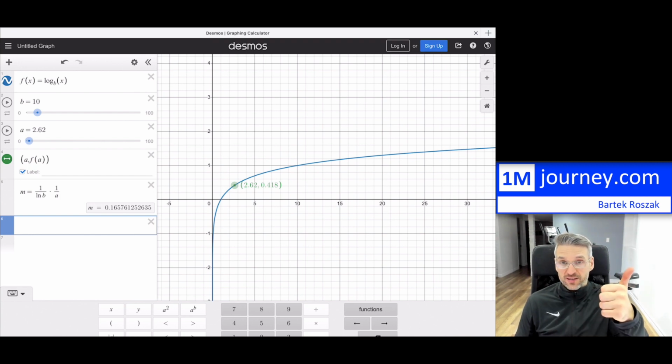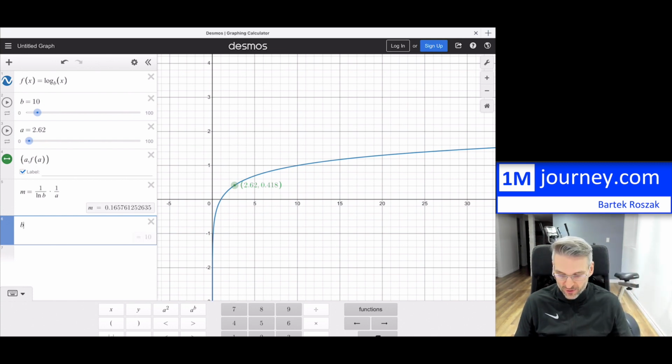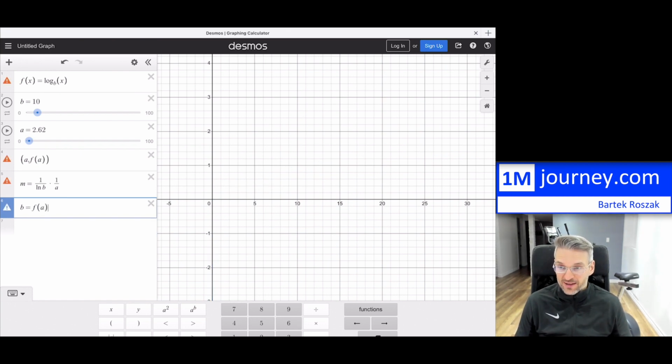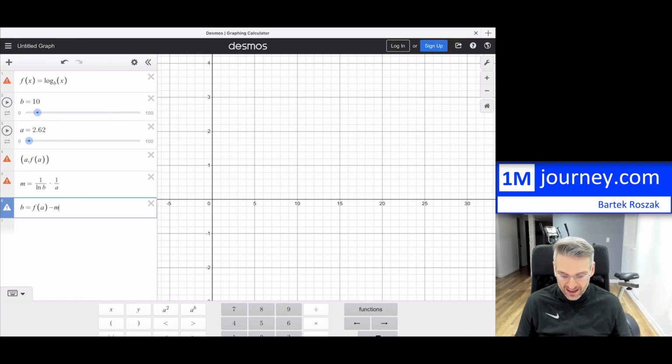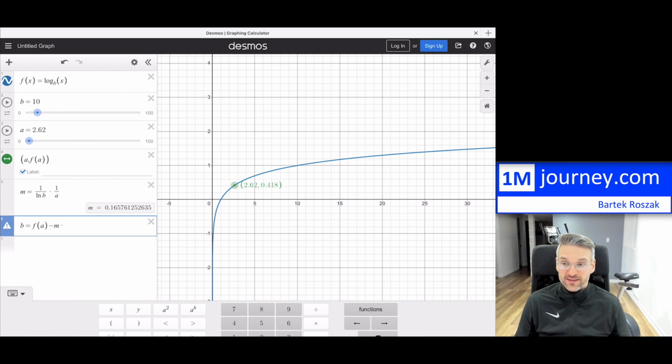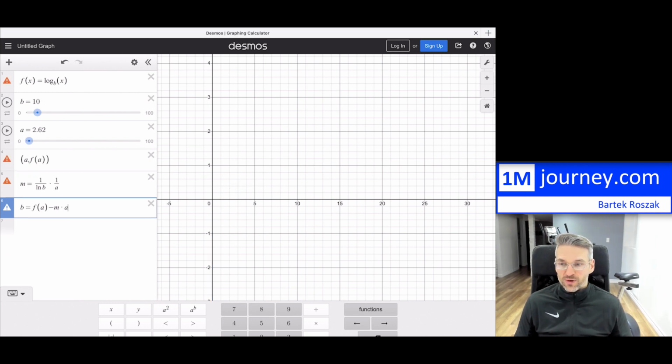I have a point and I have the slope. With those two items, I can find out what b is, and b is just equal to y. Well, y is just f at a, minus my slope times a. That is what we would have in there.